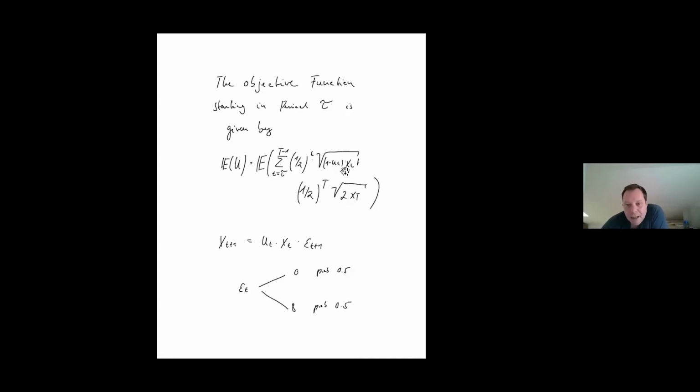And what you know is that the state, which is labeled by x, is a function of the previous state, a function of the control, and a function of some realization of a shock. So you could rewrite this, and then you would see that the growth rate of the state is a function of your control times some shock.